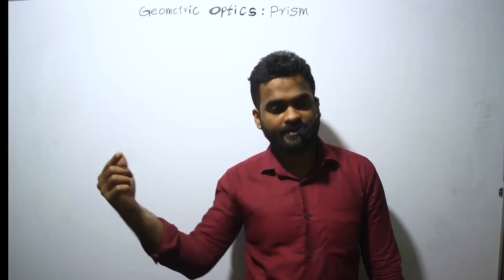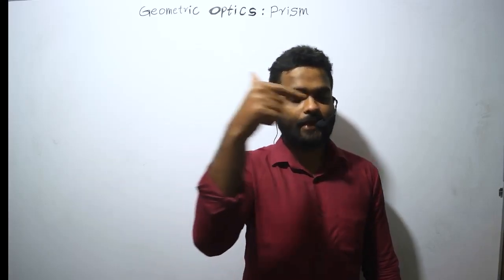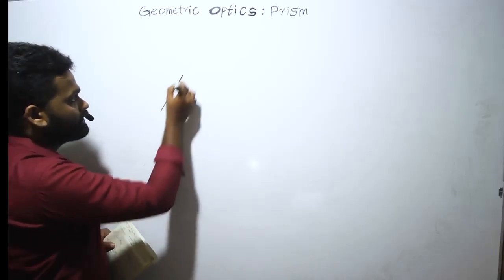It is about I1 and I2, and if you send the ray from the other side, then it will follow the same path. So we'll have the same ray diagram. Draw it with me.